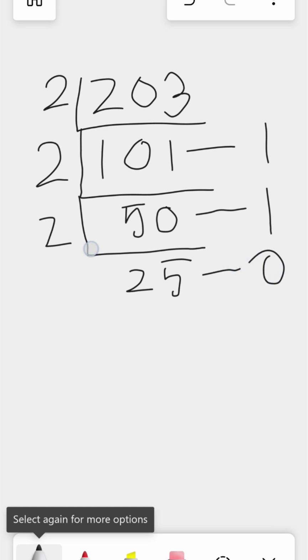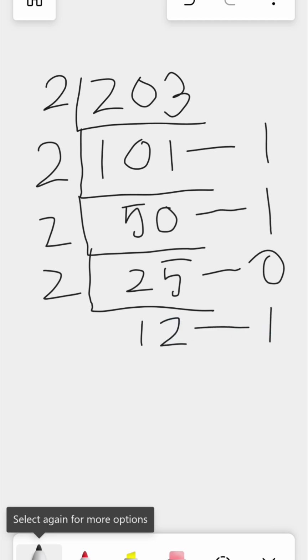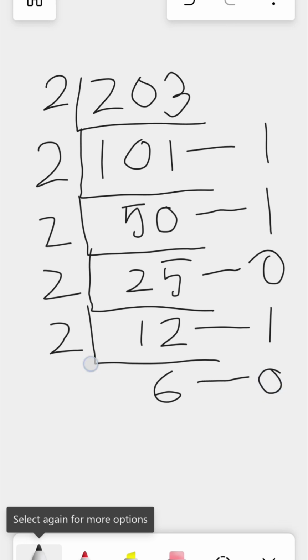Okay, now again we will divide it by 2. It goes 1 time, and in 5 it will be 2 times. The remainder will be now 1. Again we will divide the number by 2. It will go 6 times and the remainder will be 0. We will divide again by 2.